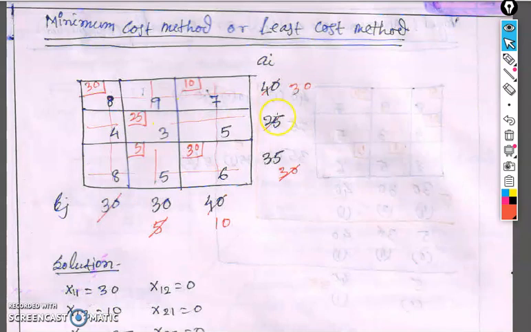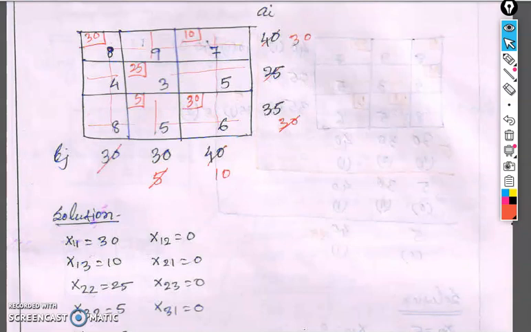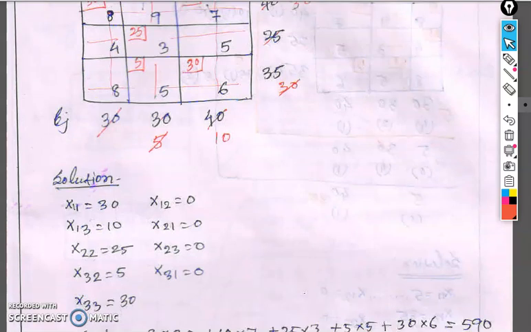Here you can easily recognize the solution from this. x11 is 30, x13 is 10, x22 is 25, x32 is 5 and x33 is 30, and the remaining unoccupied cells are x12 is 0, x21 is 0, x23 is 0 and x31 is 0.